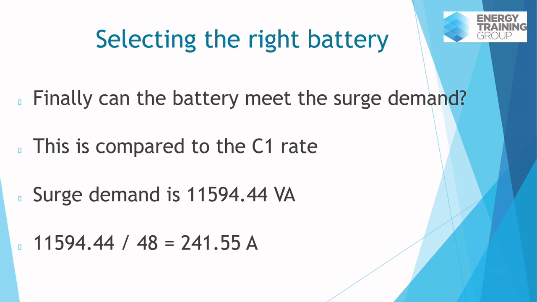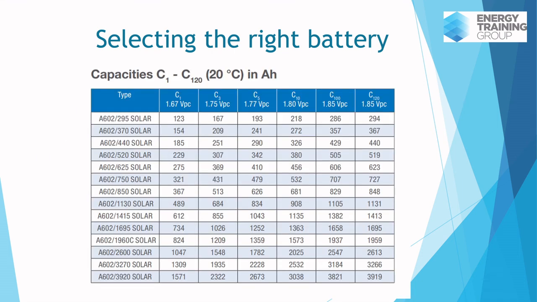To compare to a C1 rate, we would have to divide that figure by 1. I think we can all do that one in our heads: 241.55 divided by 1 is going to be 241.55. Going back to our spec sheet and looking at our selected battery, we can see that our A602 1130 does 489 amp hours at C1, which far exceeds our surge requirement.